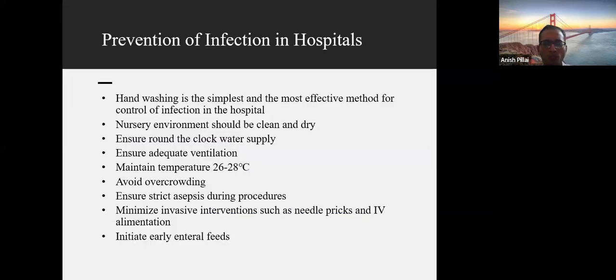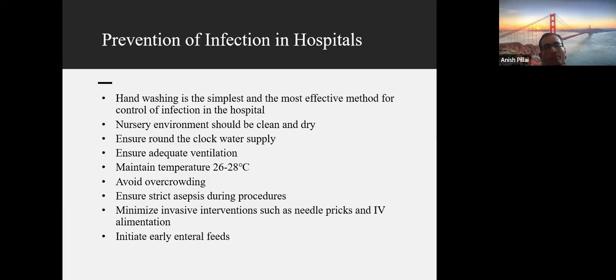So now those were the cases. Just a few things about prevention of infection. So always remember that the bacteria which are there in the environment, or what causes sepsis, are finally going to enter from the baby's skin or the baby's mucosa, or we are directly putting it in the baby's blood through an IV or an injection.